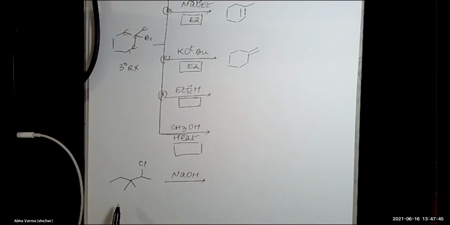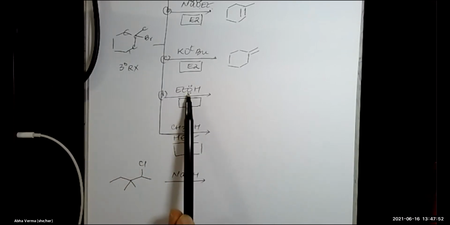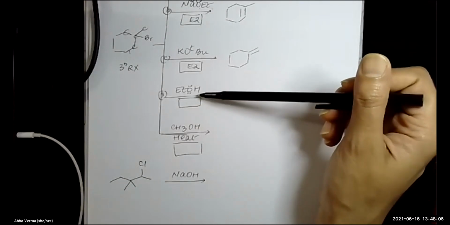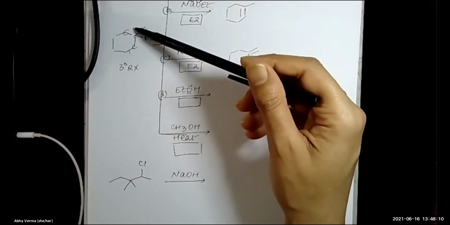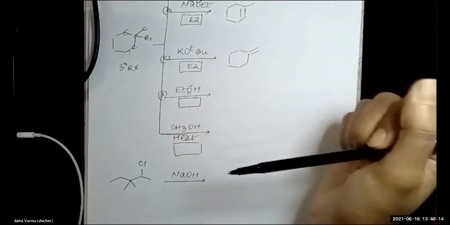What will be the mechanism of reaction between this substrate and this reagent? SN2. Okay, that's a close enough guess, but SN2 will never work with tertiary, and SN2 needs a strong base.